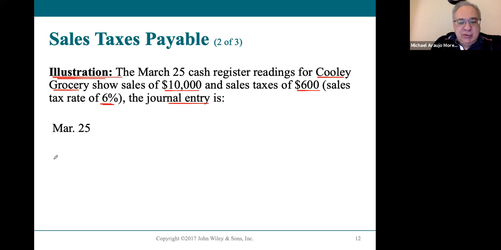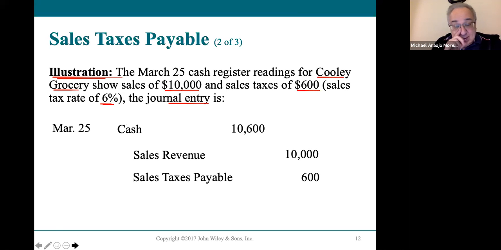So the journal entry in the books would be, of course, they're going to be collecting $10,600 of cash. So they debit cash, but only $10,000 of that is their sale. So they're going to record $10,000 of revenue. The other $600 represents sales tax payable. They've collected that $600, but they owe it to the state.